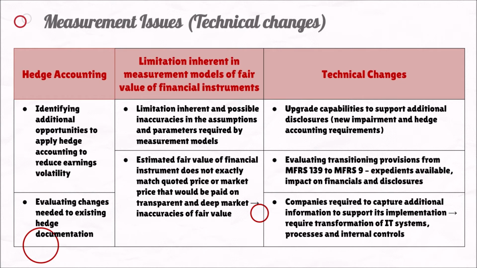Furthermore, measurement issues will arise also in order to evaluate transitioning provisions from MFRS 139 to MFRS 9 as practice available and impact on financials and disclosures. Lastly, the company will also be required to capture additional information to support its implementation. As a result, they require transformations of IT system, processes and internal control.